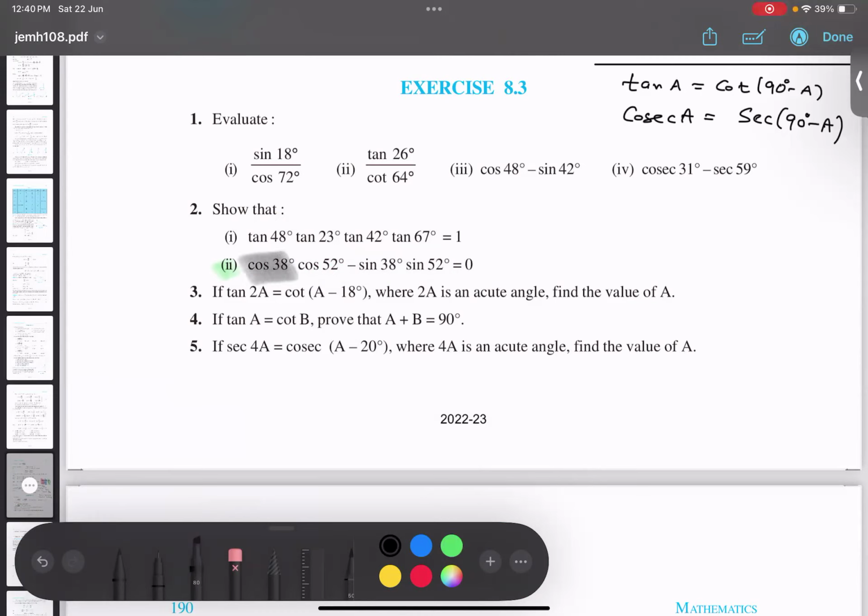Always remember to solve these kinds of questions: step number 1 is make the angle the same using these 90 minus theta rules. After that, use the inverse rule, or you can say the reciprocal rule.